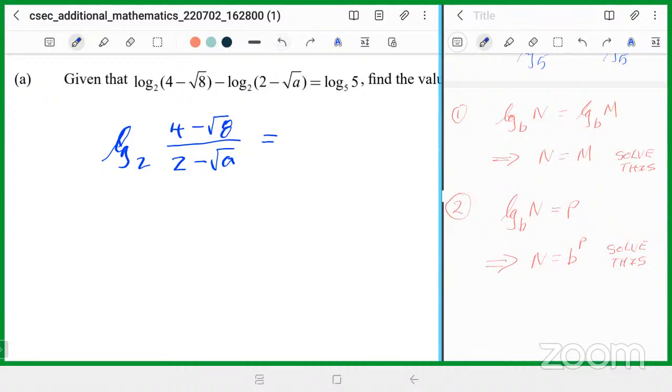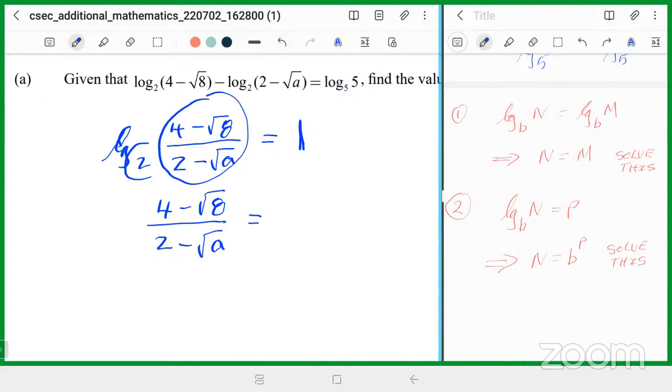So I can write that: 4 minus root 8 over 2 minus root a is equal to this base raised to this power 1. Remember, this is the number, this is the base, this is your power. Number, base, power. So it is the base of 2 raised to the power 1, but 2 to the 1 is still 2.